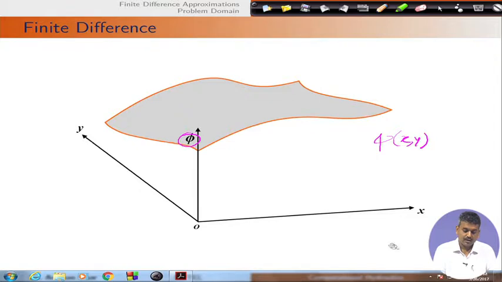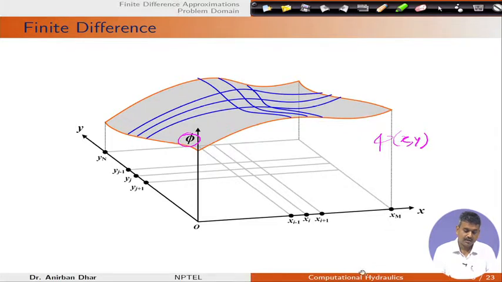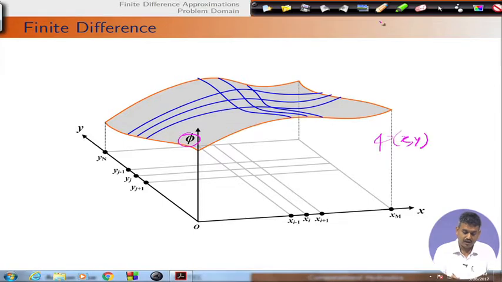If we discretize this using finite grid size, then with this rectangular domain, for this i minus 1, i plus 1, j minus 1, j plus 1, we can get internal general points, and for those points we can define our partial derivatives and corresponding finite difference approximation.